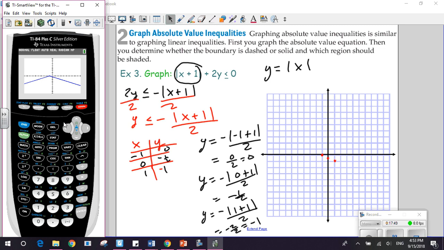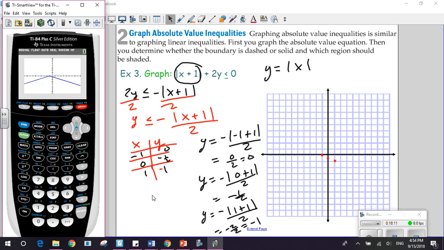It wasn't doing what I wanted it to do, but when I hit second table, I see 0, negative half, 1, negative 1, and negative 1, 0. Yep, I see those points, but they didn't behave the way I was intending. Sorry, guys.